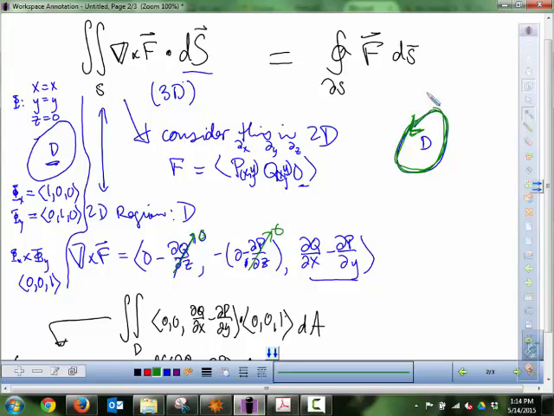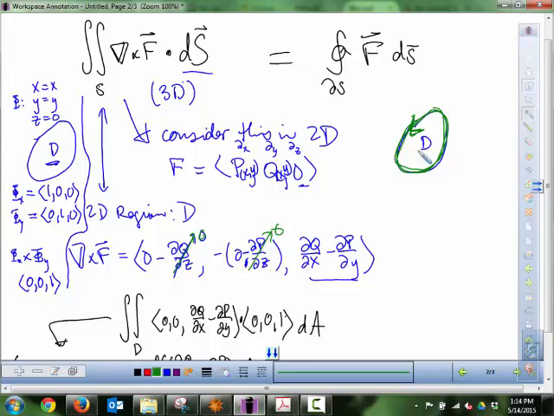What I'd like to think about with Green's theorem is that the orientation of the curve is such that when you walk along the boundary of that domain, the region itself is on your left side. Does that make sense?